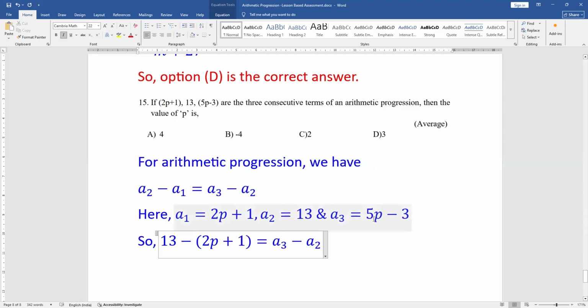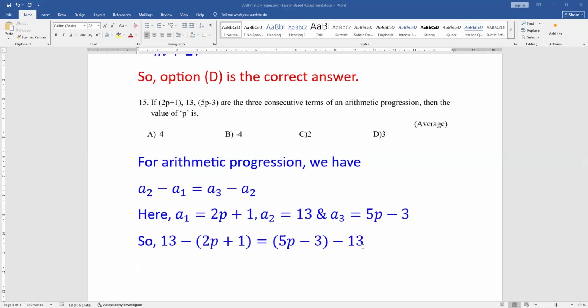Then a3 is 5p minus 3, which I can replace here; this one also I can use a bracket. The last one is 5p minus 3, and what is a2 now? a2 is 13, so I replace a2 with 13.